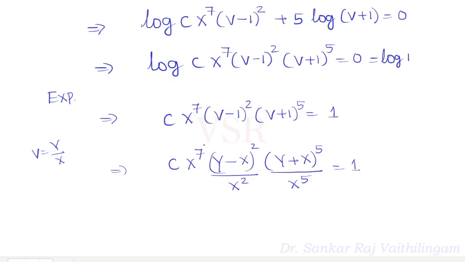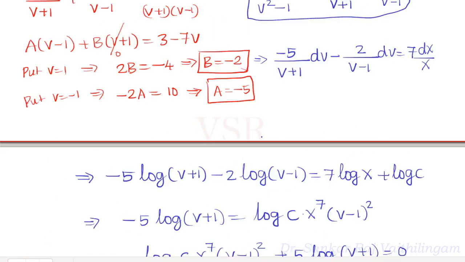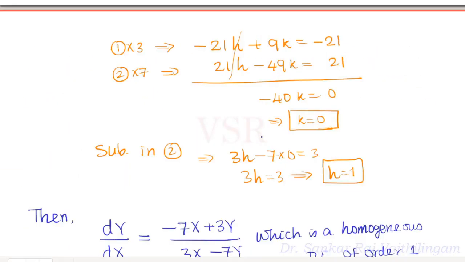So this will get cancelled. So what we are having is, this implies that, c times I may have y minus x the whole square into y plus x the whole to the power 5 which is equal to 1. இப்போ y என்னது x என்னதுங்கிறத கால்குலேட் பண்ணலாம். அதை ஆல்ரெடி கால்குலேட் பண்ணி வச்சிருக்கோம்.